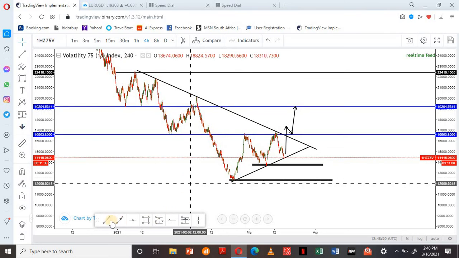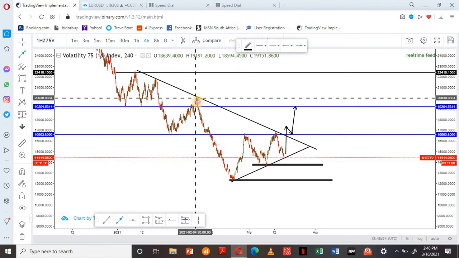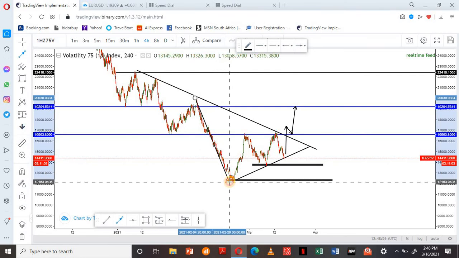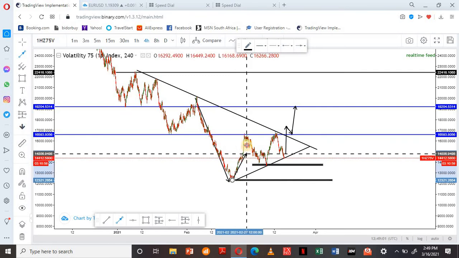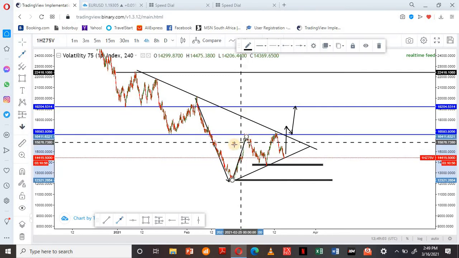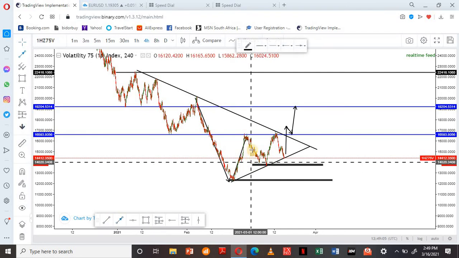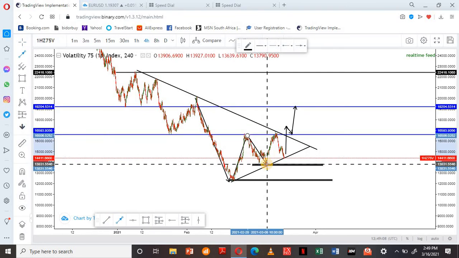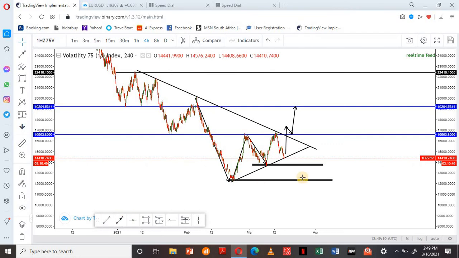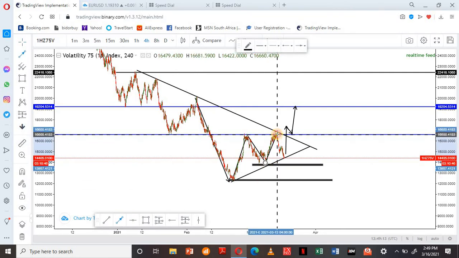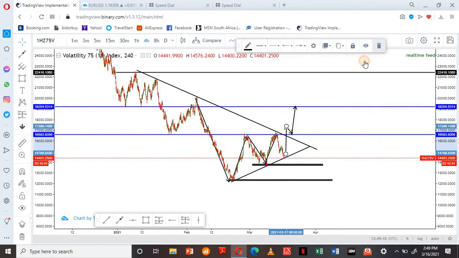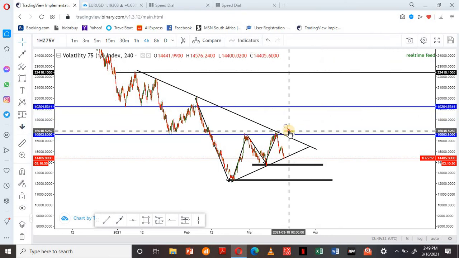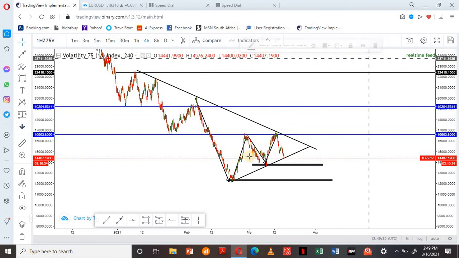You can see that we had an impulse move, consolidation into this mini area here, and then a formation, which also plays a major role when it comes to more confirmation.